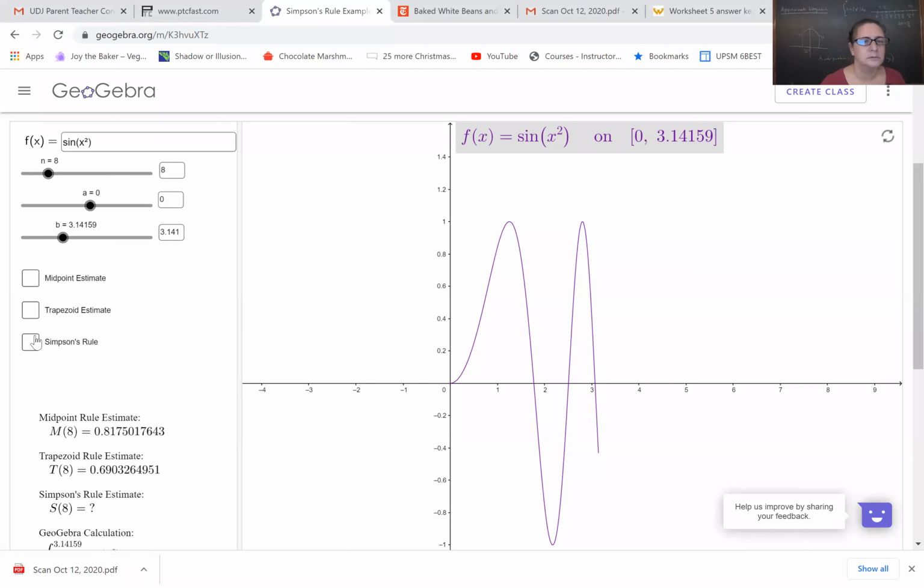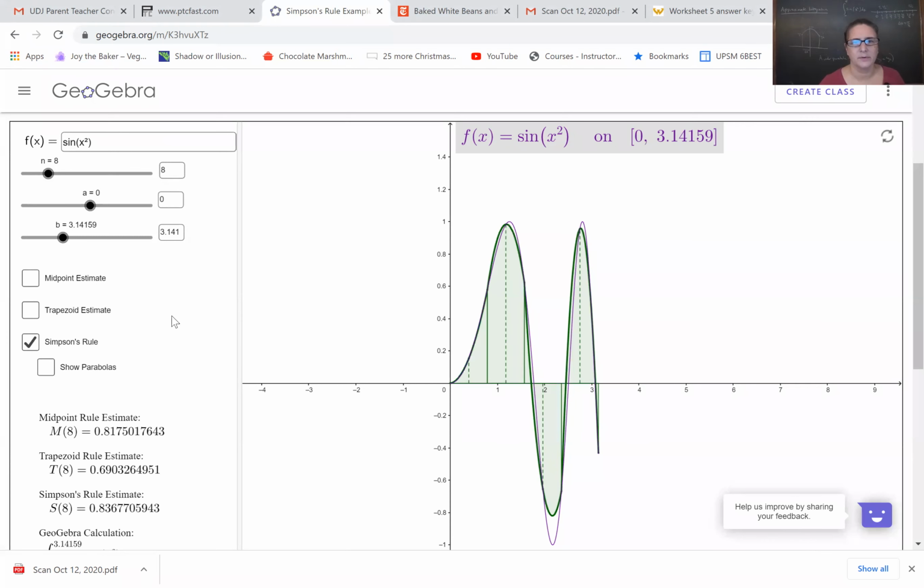Is it working? There we go. Okay, so what do I mean by make a parabola? This one actually is kind of nice. It'll show you. It broke them up. These are our first 2 intervals, right? And with those intervals, that is a parabola through those 3 points.